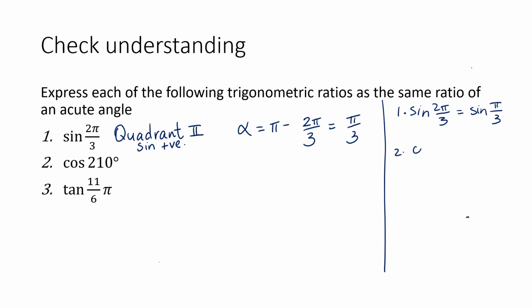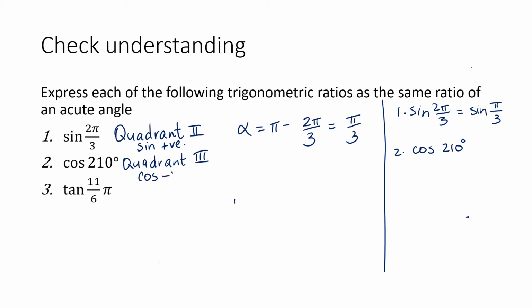We're looking at cosine 210 degrees. 210 degrees falls in the third quadrant because it is in between 180 and 270. In the third quadrant, is cosine positive or negative? Cosine is negative.